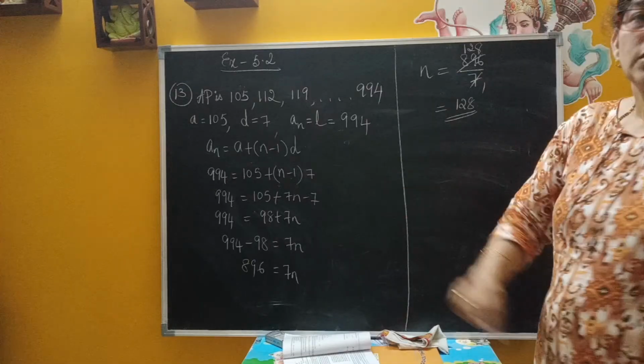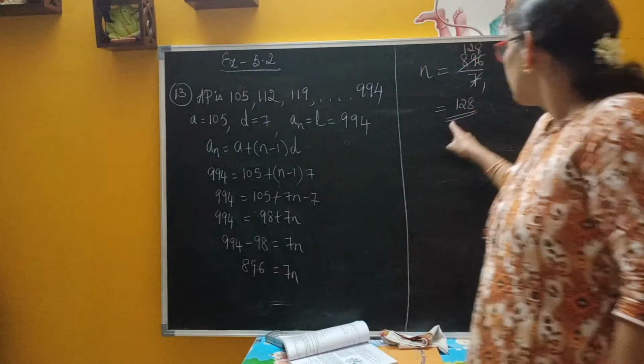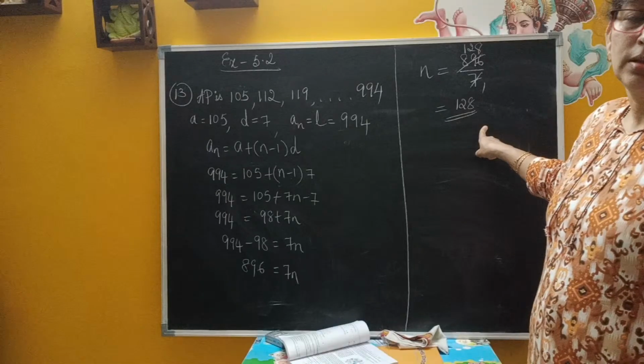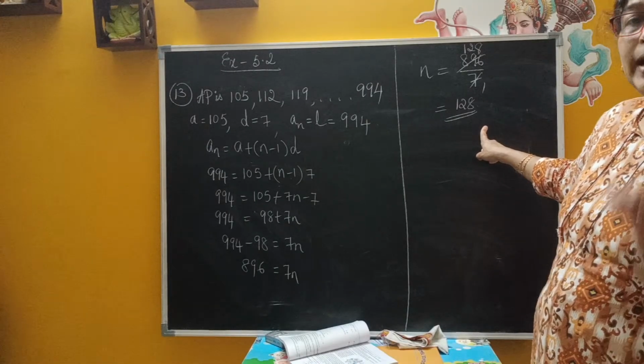So what is your conclusion? Conclusion is there are 128 terms which are divisible by 7, which are 3-digit numbers.